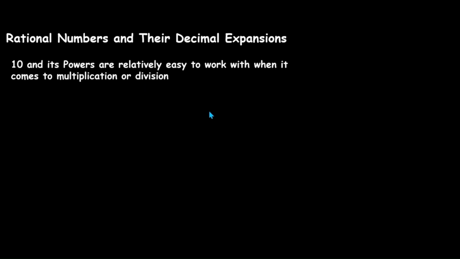So let's see a few examples of multiplication of a number with 10 and its powers. Let's pick an example, 12. 12 into 10 will give us 120. Here we don't need to do the traditional multiplication.